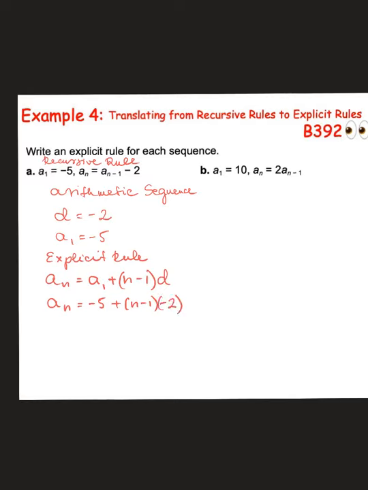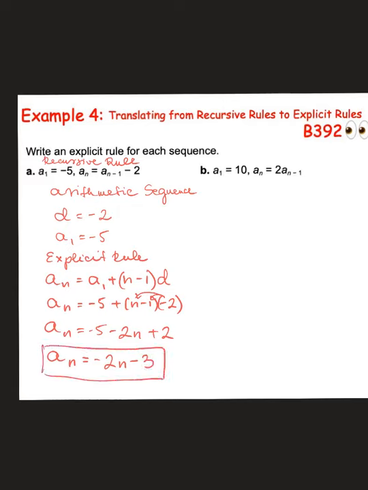So now by simplifying, first distributing the negative 2 and getting a sub n equals negative 5 minus 2n plus 2. And finally, a sub n is going to be negative 2n minus 3. So here is now our explicit rule.